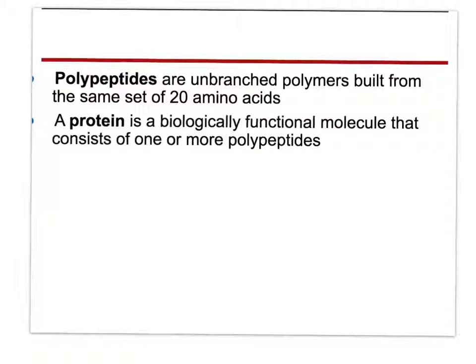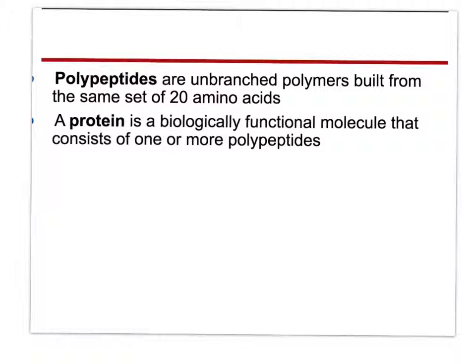This slide is meant to tell you a difference in vocabulary. I will use these sort of interchangeably, okay? But there is an intuitive difference between a polypeptide and a protein. Proteins are composed of what? Amino acids, okay, that are linked together.